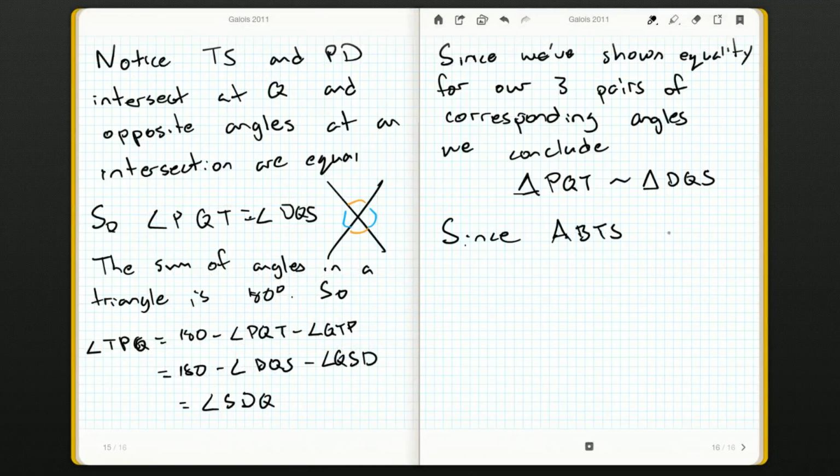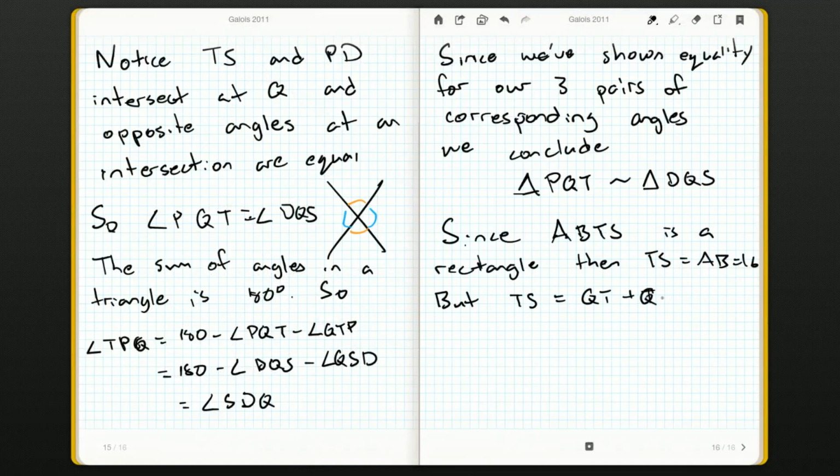So since ABTS is a rectangle, TS is equal to AB is equal to 16. But TS is QT plus QS.